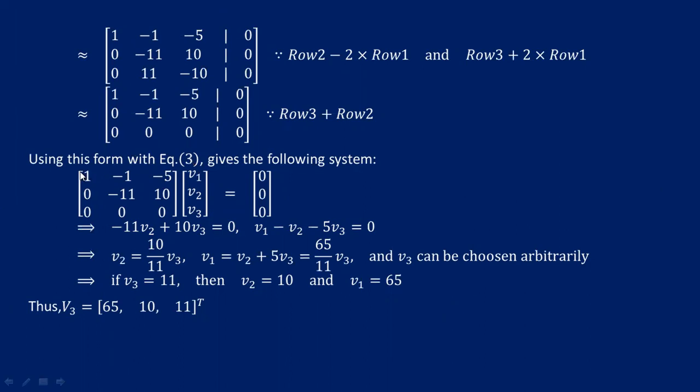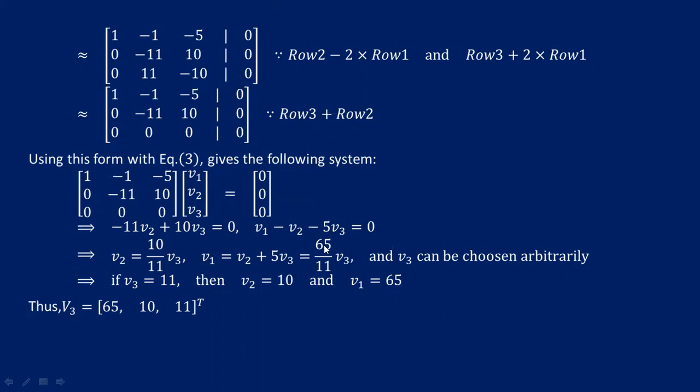Using this form, equation 3 gives the following procedure. Here v3 is equal to this, and we solve these equations for v1 and v2. Let v3 be chosen arbitrarily, so let v3 is equal to 11. If we put 11 here, then this 11 multiplied by this 11, we cut these two values, and we have v2 is equal to 10.